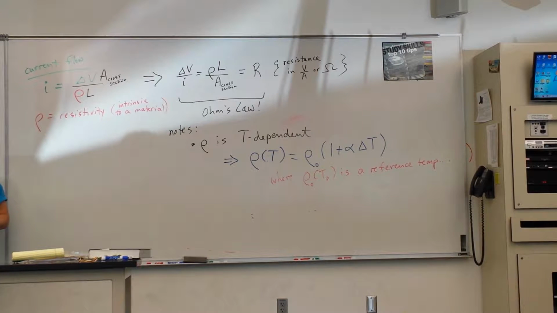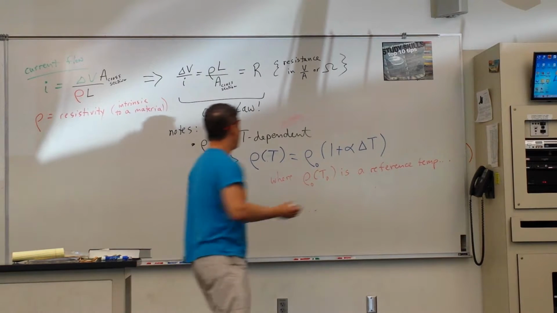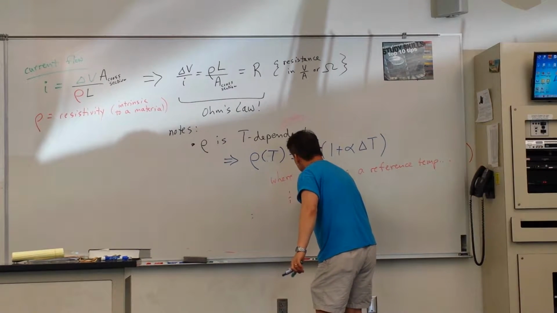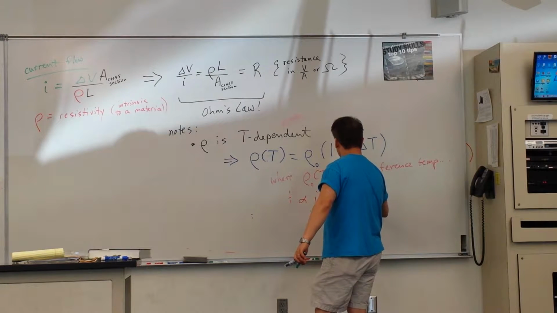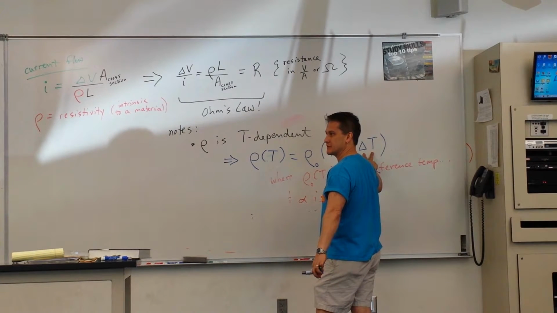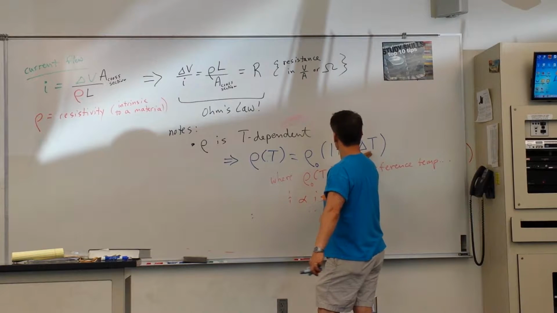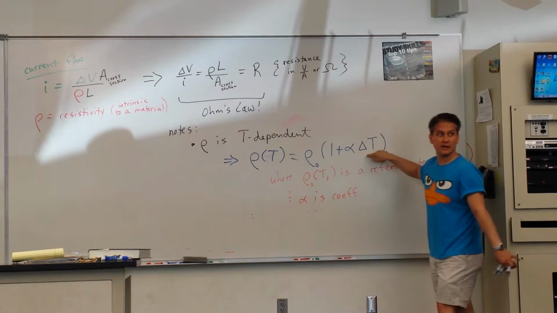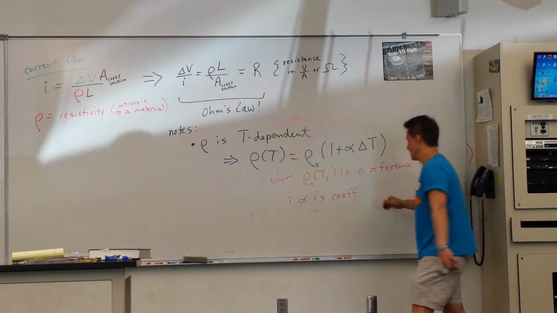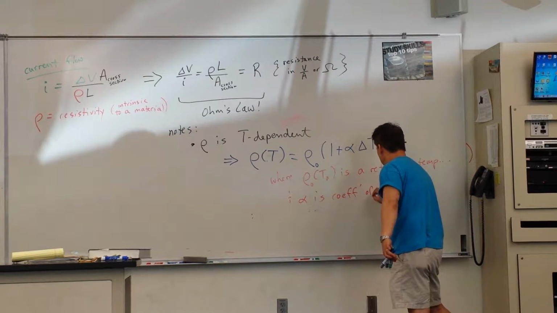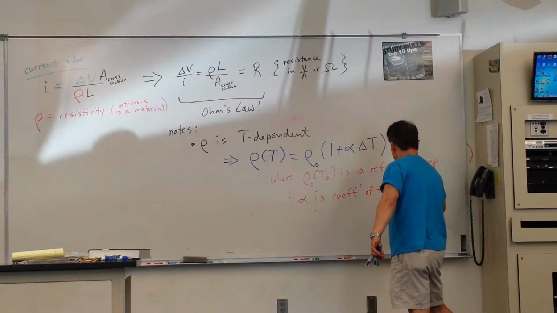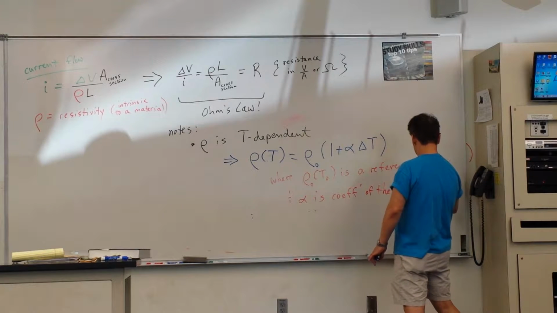So, what was the new symbol? Sorry, I skipped up. Alpha. Now the units of alpha are inverse Celsius or inverse Kelvin, because this is a unitless quantity in the parentheses. All these damn engineering constants.